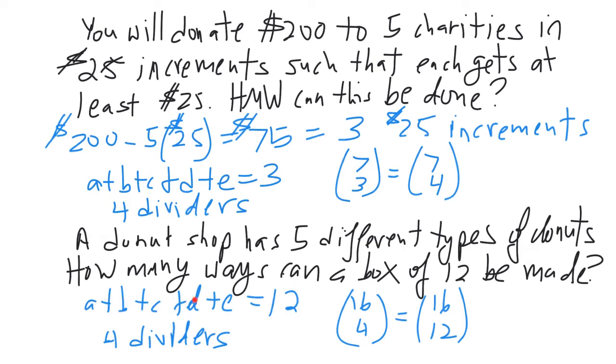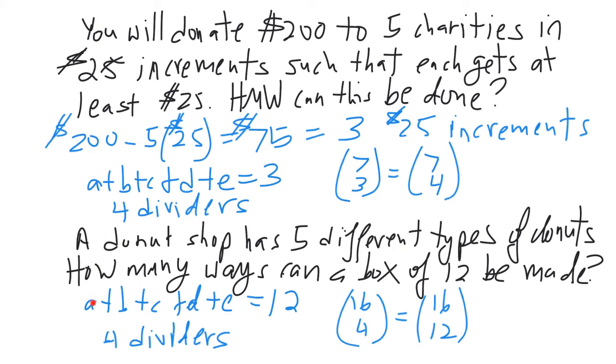With the donut shop, I have 5 types of donuts, and they add up to 12 altogether. So I could pick 2 of this one, 3 of this type, 2 of this type, whatever. I'm going to have, again, 4 dividers to divide between how many of each type of donut is going to be in the box. So in this problem, the types of donuts are like the kids.